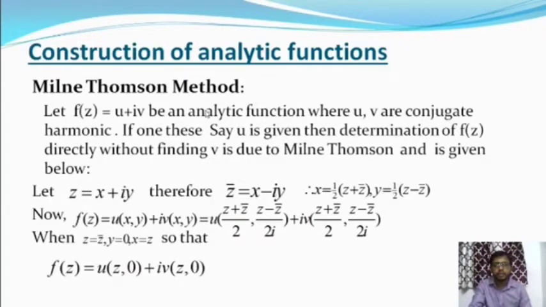That means u and v both satisfy the Cauchy-Riemann equation. If one of these, say u, is given, then determining f of z directly without finding v is due to the Milne-Thomson method.